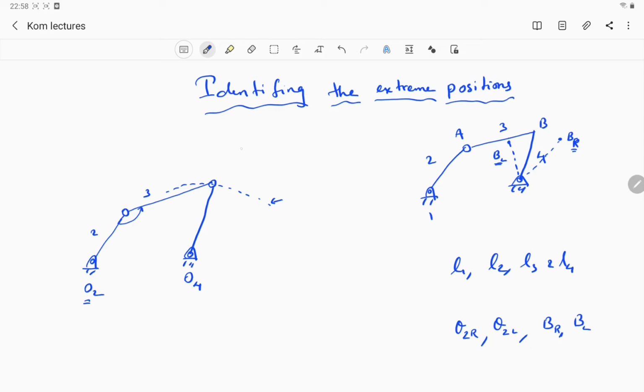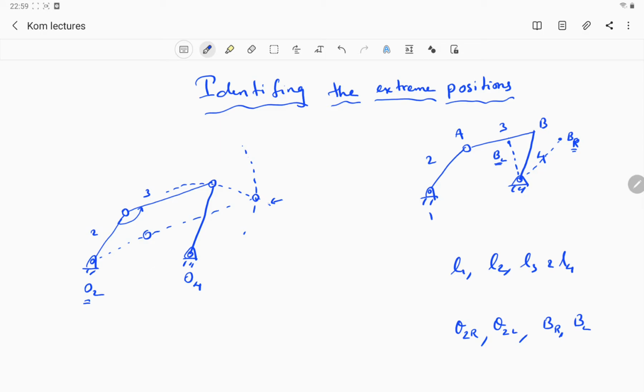So let's say this is L2 plus L3, and that's the point. So that's my link 2 and that's my link 3. And what about BL?